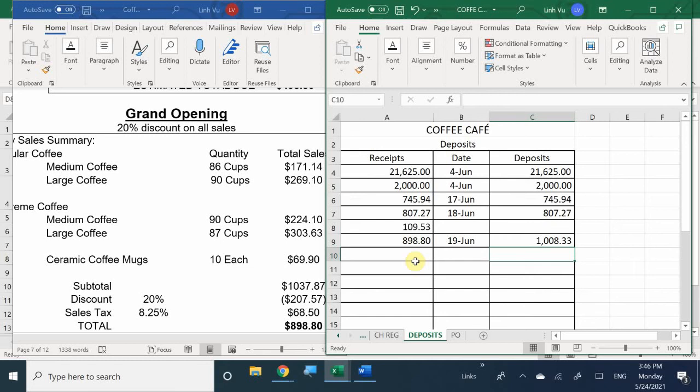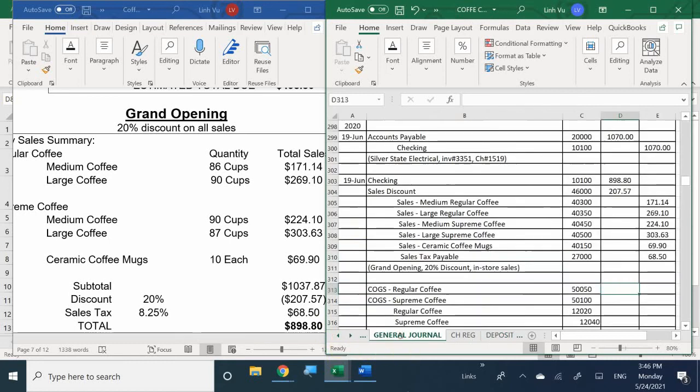This teaches you to make sure you do your deposits, or else you're entering invisible money, and then one day you write a check out and it says you don't have money because you forgot to do your deposit. This is just to double confirm that you made your deposit correctly. All right, back to the journal.